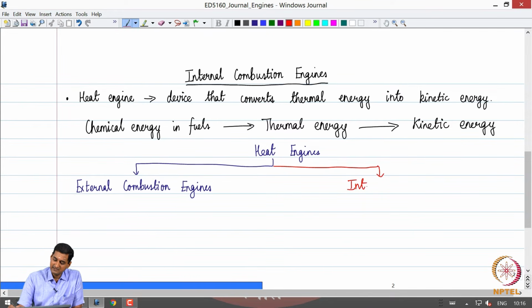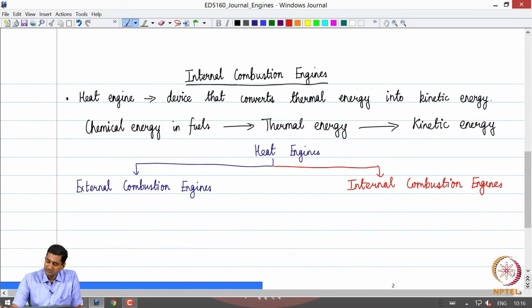Okay. So, we are already looking at internal combustion engines, but let us look at the difference between the two. So, what do you think is the difference between the two based on the way in which I have written down this energy conversion process?